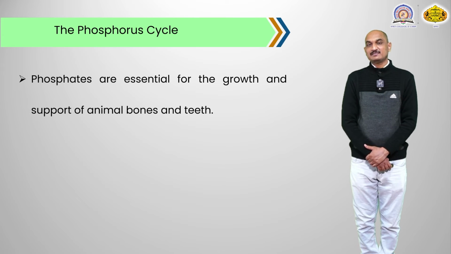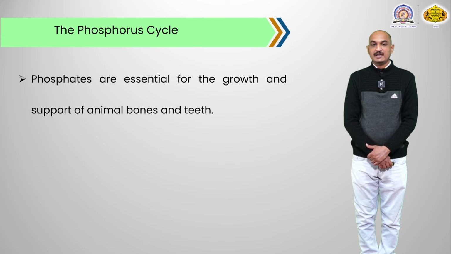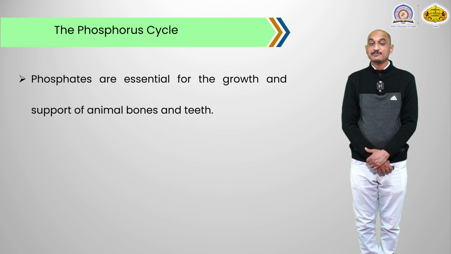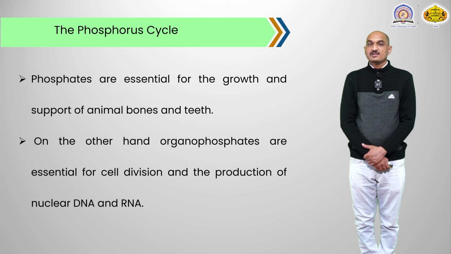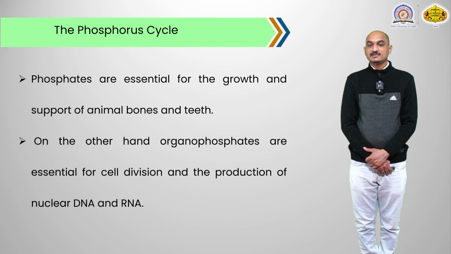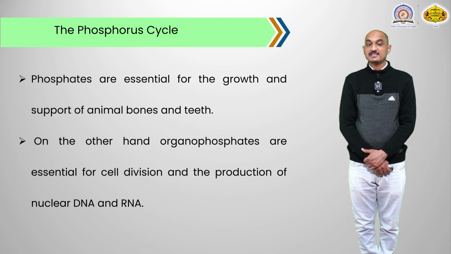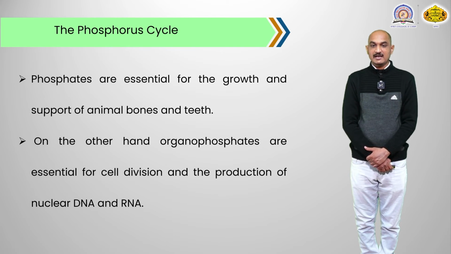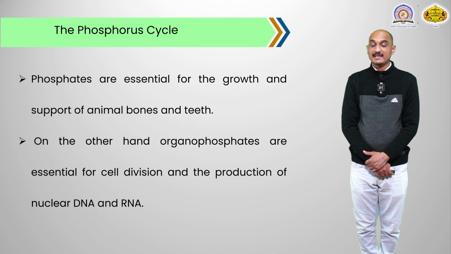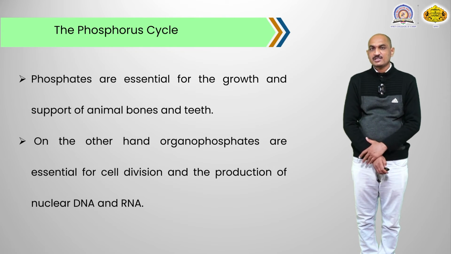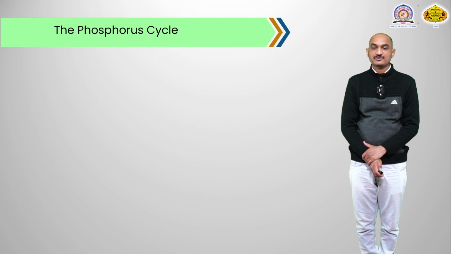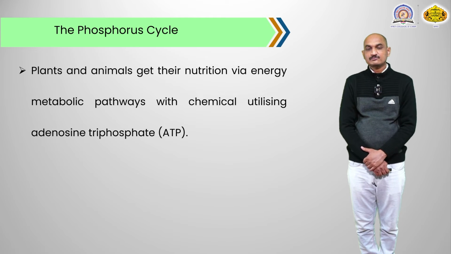We know that the phosphates are essential for the growth and support of animal bones and teeth. On the other hand, the organophosphates are essential for cell division and production of nuclear DNA and RNA. These are some essential, crucial uses of the phosphates in different processes.